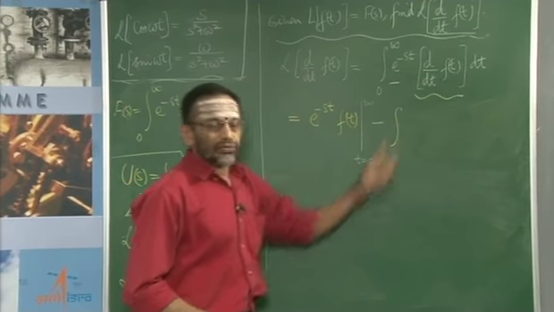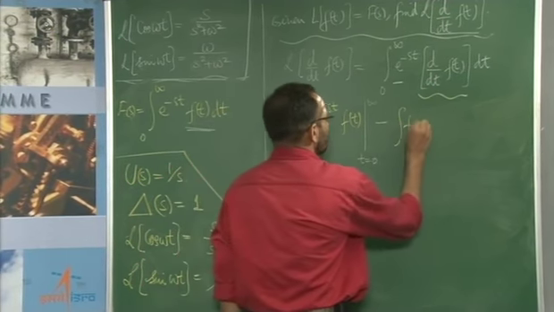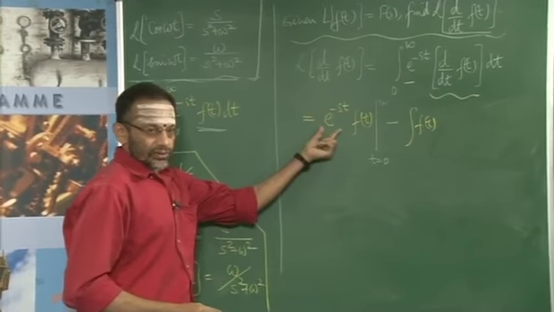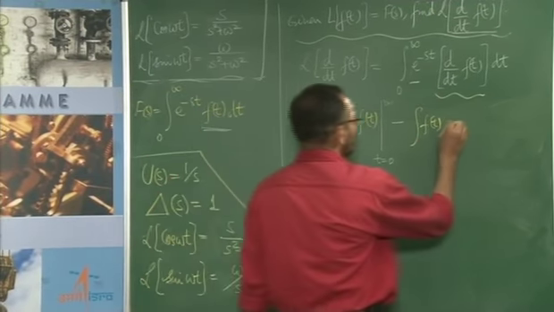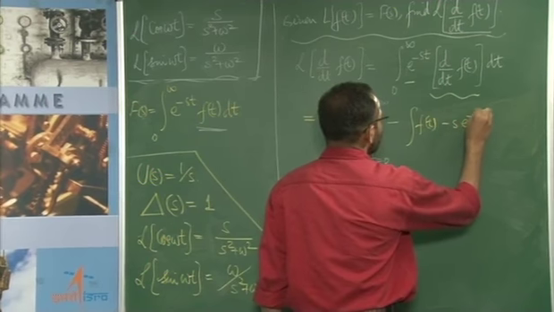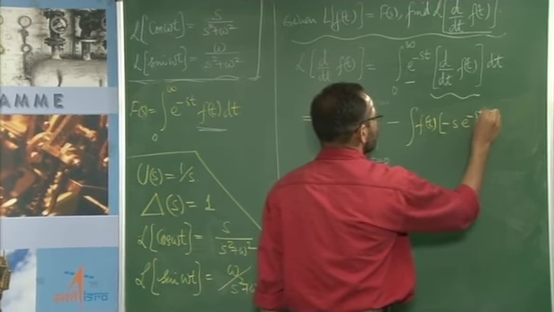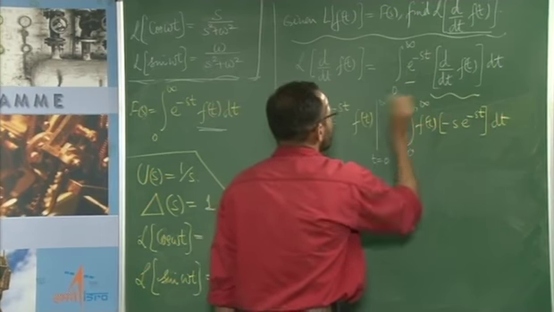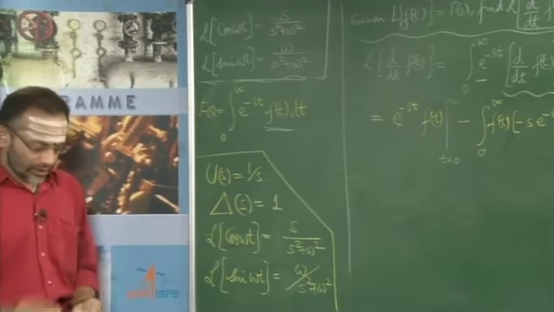The integral of the differential is the function itself, which is f of t, into the differential of this function. What is the differential of this function? Minus s e to the power of minus st dt. Again, I have to evaluate this between 0 and infinity.